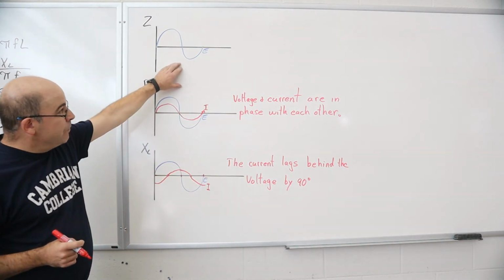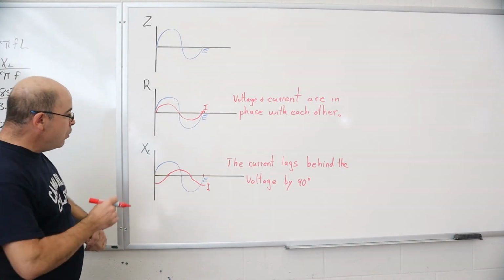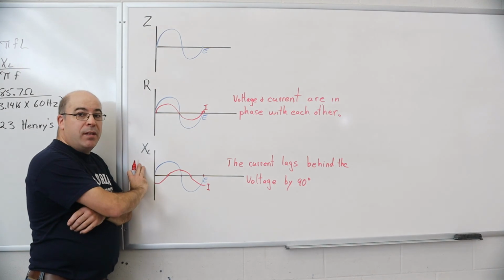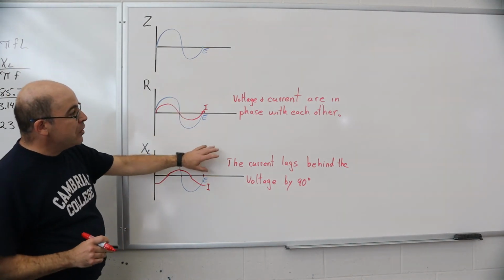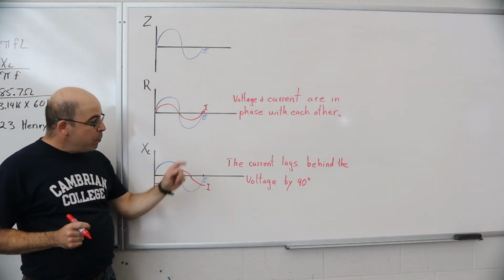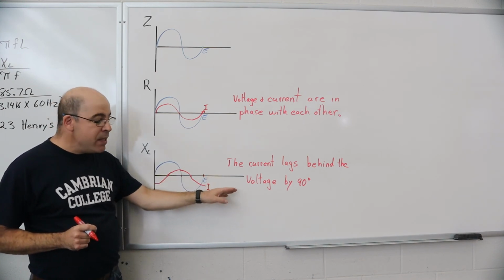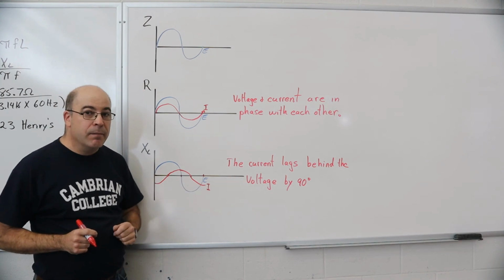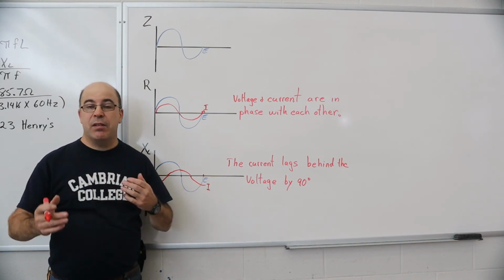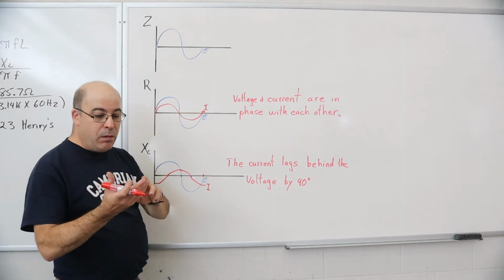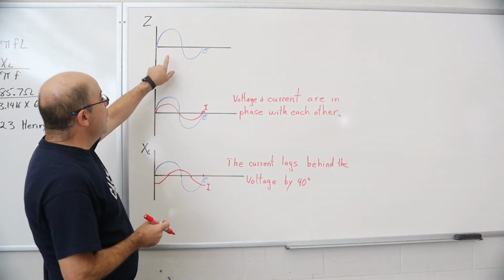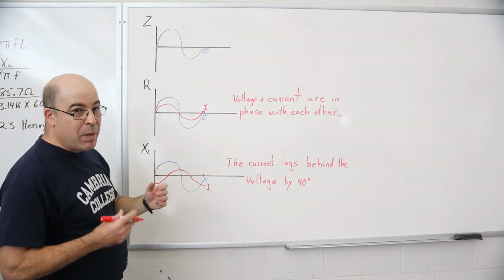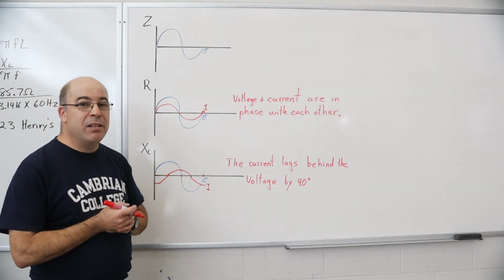Now, up here for the entire circuit, I know that the circuit was comprised of resistive and inductive components. I know that the voltage and current are not going to be in phase with one another, but I know that the phase angle difference between them isn't going to exceed 90 degrees with the current lagging. It's going to be somewhere in between. It was based on the ratio, and that's why we found angle theta. Angle theta told us that we were out by 32.99 degrees.